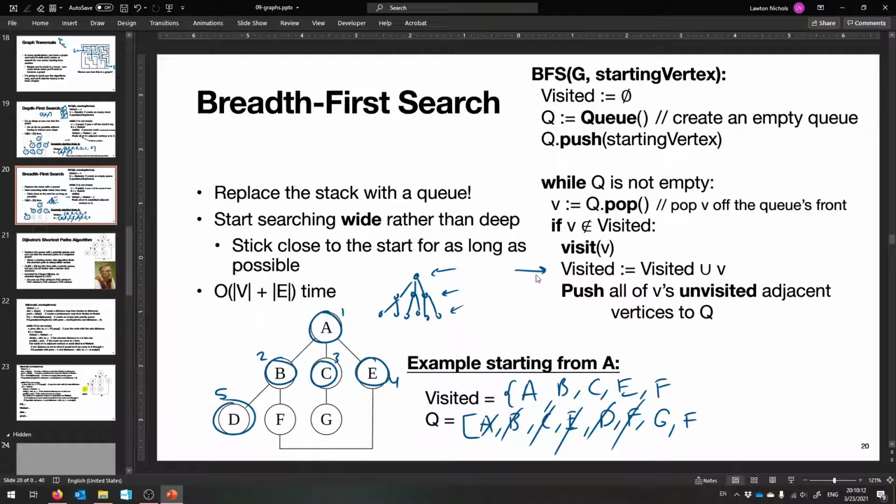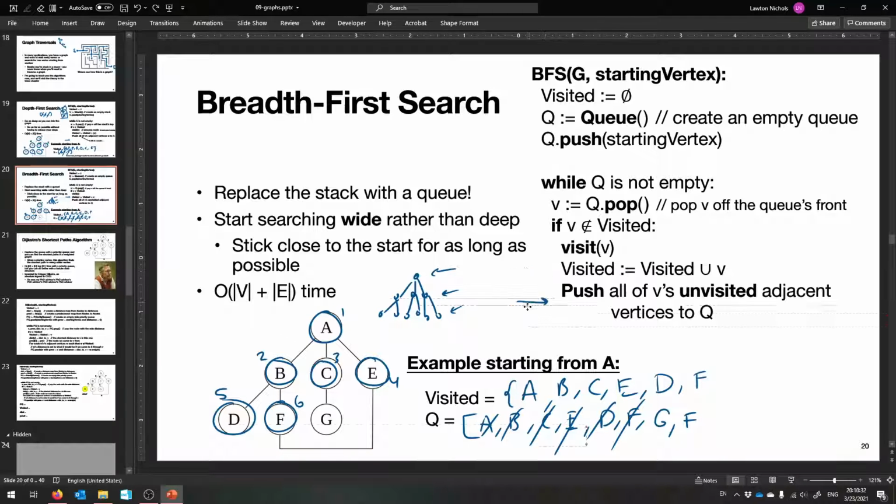And then, oh, sorry, gotta write the D as well. And we just visited the F, and we're gonna push all of its adjacent vertices to the queue that have not yet been visited, but we visited B and we visited E, so we don't have to do anything.